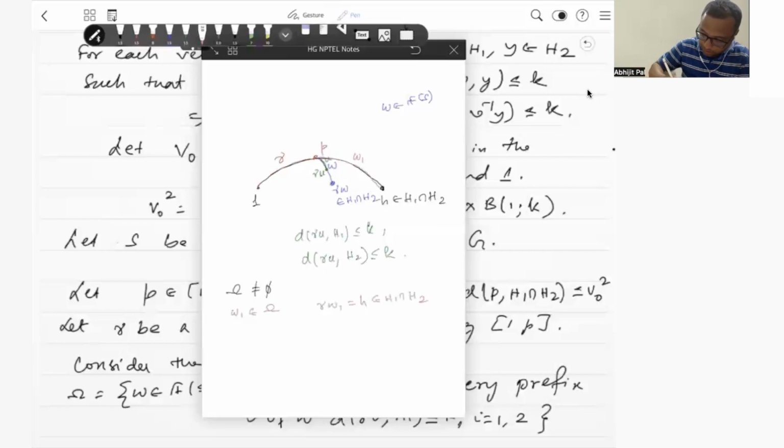And of course, because H1 and H2 are quasi-convex, if I take any vertex here, the distance of this vertex to H1 or H2 will be less than or equal to K. Therefore, this set omega is non-empty.